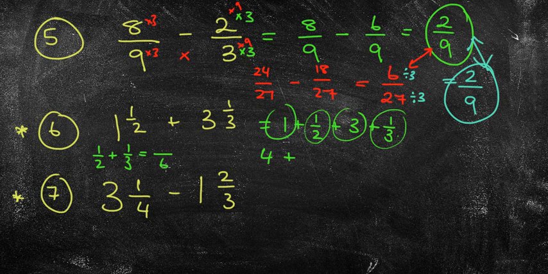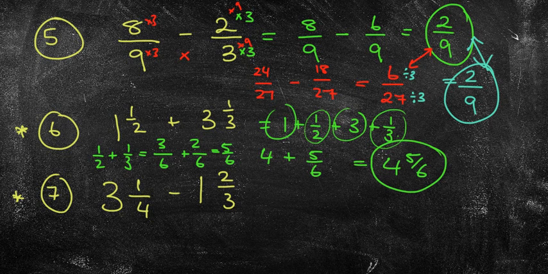Well, common denominator of 6. 2 times 3 is 6. 1 times 3 is 3. 3 times 2 is 6. 1 times 2 is 2. That will equal 5/6. So we can chuck that there. So it equals 4 and 5 over 6. Okay, so that is one way you can do it. And often when you're adding numbers, that's actually the easiest way to do it. Adding 1 plus 3.